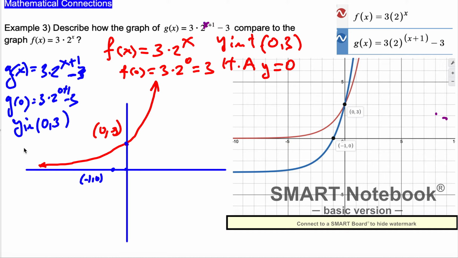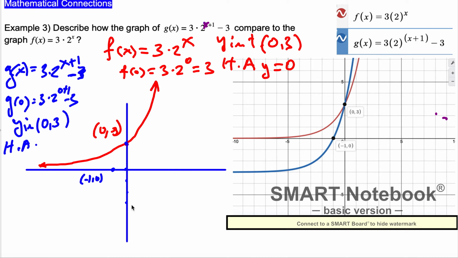But now what's going to happen next? I want to find the horizontal asymptote. For example, here the asymptote was y equals 0. It's going to be 3 units down: 1 unit, 2 units, 3 units. Because the function moves 3 units down, the horizontal asymptote is also going to move 3 units down.